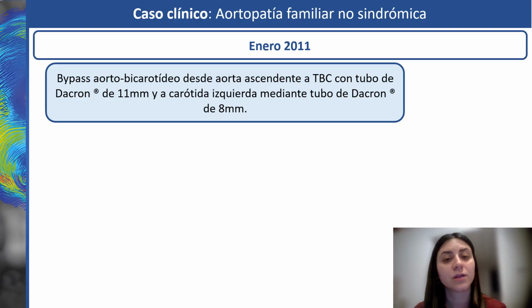In January 2011, the patient was admitted for elective surgery to perform an aortobicarotid bypass with the technique that we can see described here.